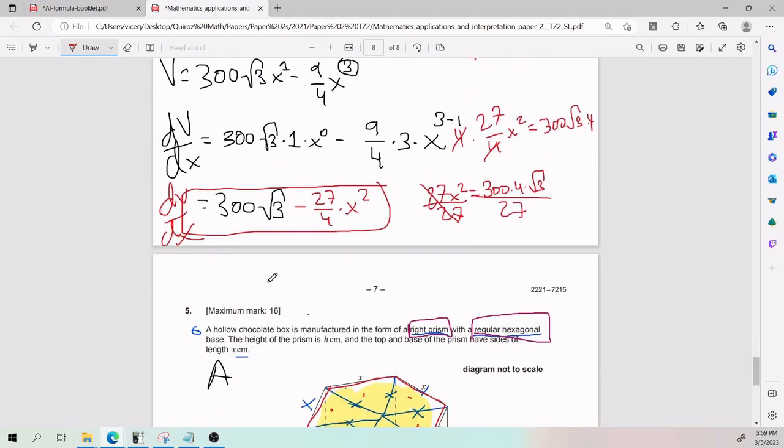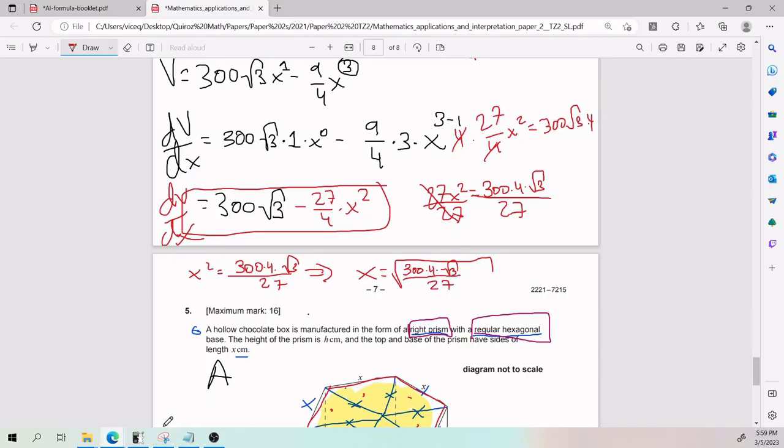I'm running out of space, but I think I can do it over here. So we have x squared equals 300 times 4 times square root of 3 divided by 27. And to finish getting x alone, I'm going to do x equals square root of that whole thing. Now I know that some of these values I could have simplified before, for example 300 times 4, but what matters to me much more is the process.